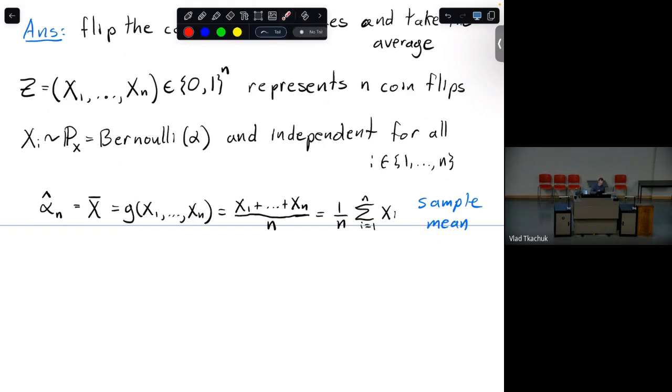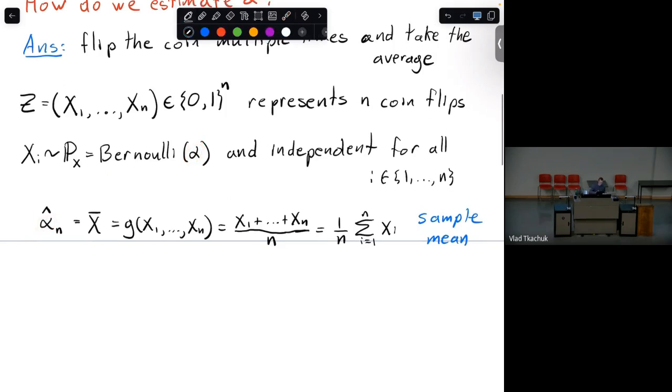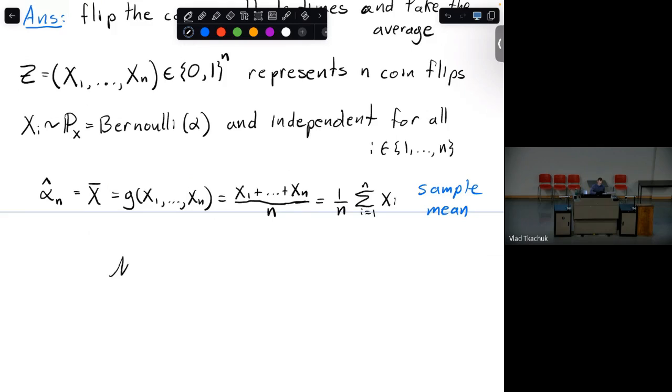Here, the mean we talked about for the Bernoulli is alpha, so this thing is an estimate of alpha in this case. And I'm just going to write this, but then erase it briefly: if instead we had the normal distribution, there we usually have mean mu and variance sigma squared, and then we would say this X bar is an estimate of mu.